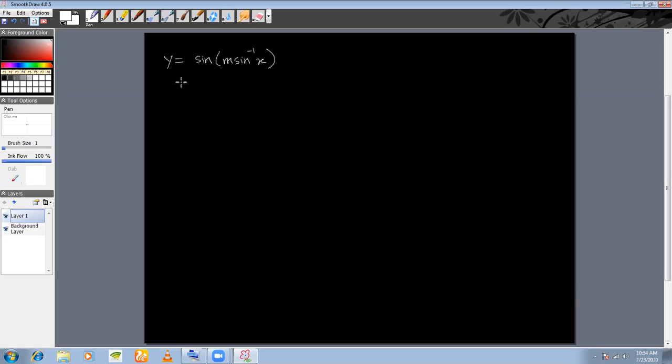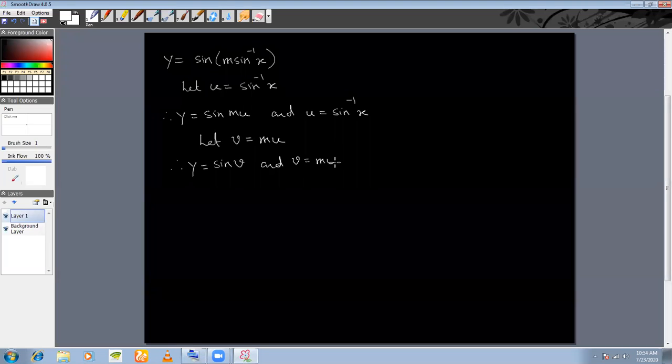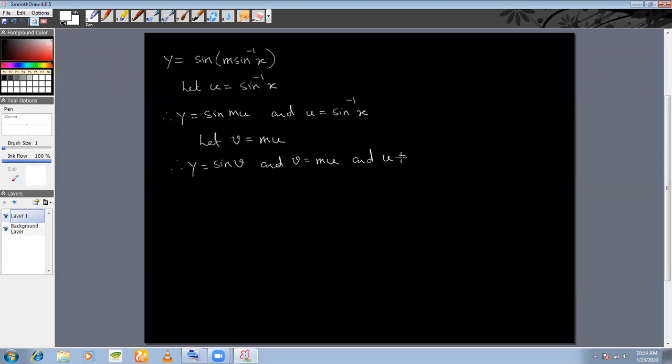So what we do is we say let u is equal to sine inverse x. Therefore, y becomes sine of mu, and u is equal to sine inverse x. This is my first chain. We'll make the next chain. Let v is equal to mu. So therefore, y becomes sine v, and v is equal to mu, and u is equal to sine inverse x.